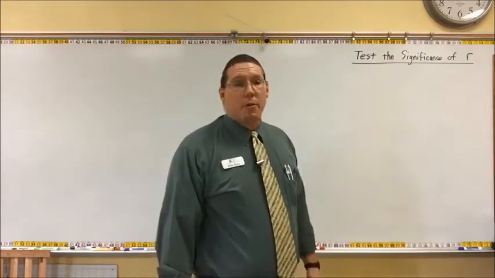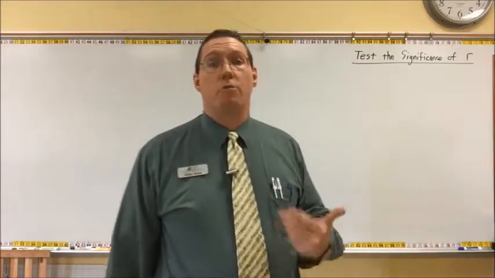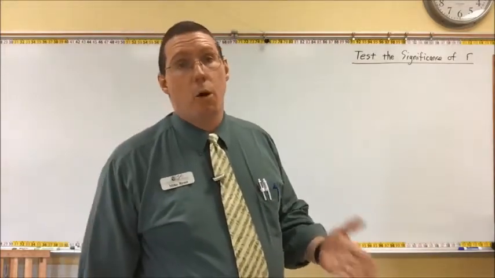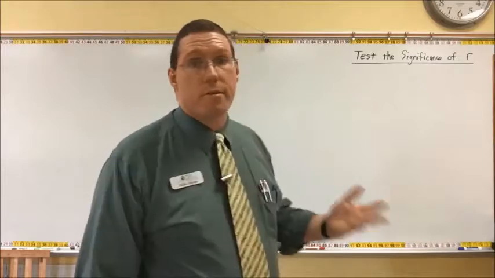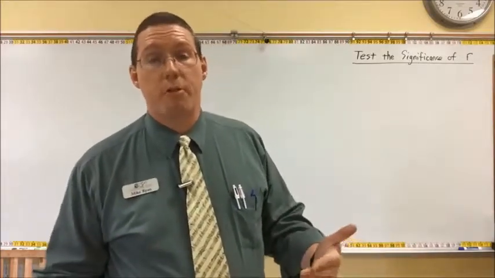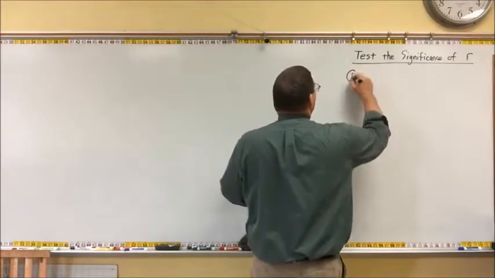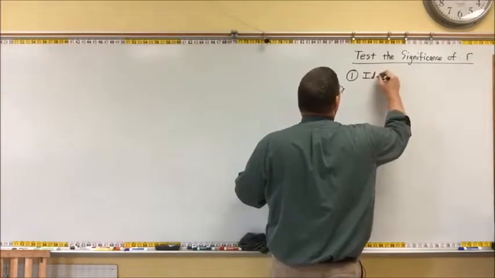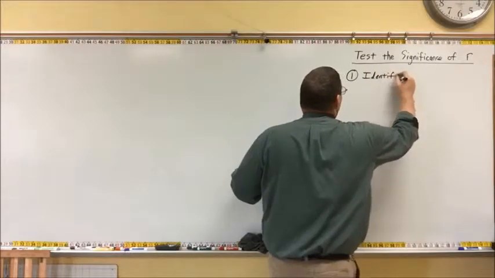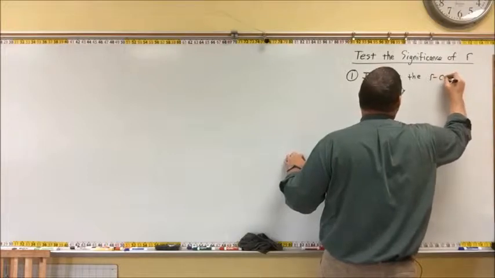All right, now I'm going to go through the procedure that you need to follow to test whether the correlation between these two variables is significant or not. Step 1, the very first thing you want to do is identify the R correlation.